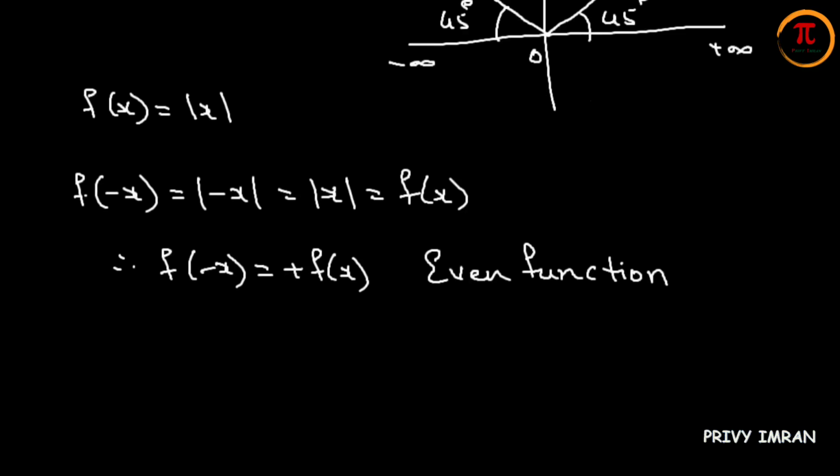Now let us discuss one more example, example number 2. For example, the modulus function is shifted towards the positive direction of the x-axis, say y equal to modulus of x minus a.